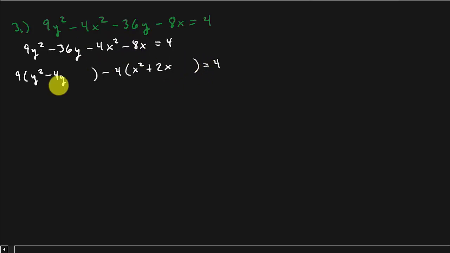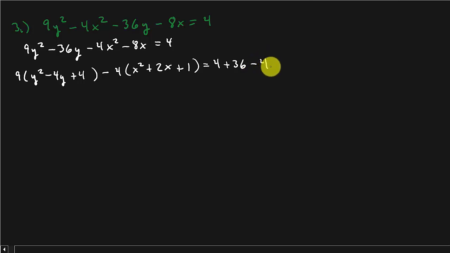All right. So I half the 4, that's 2, and then I square the 2, that's 4, so plus 4. So 9 times 4, that's what? That's 36. And then I half the 2, I square it. I half the 2, which is 1, and then I square the 1. 1 squared is 1. And so I added 1 in here, so I'm going to come out here and subtract 4.